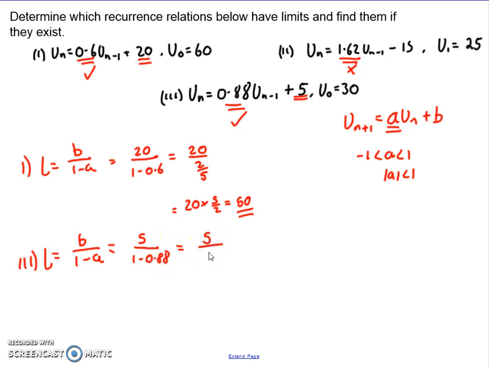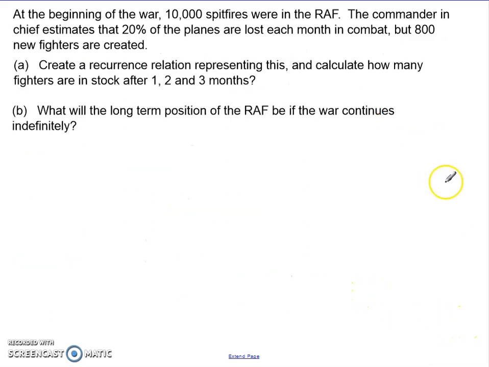So it's the same as saying 5 divided by 3/25. Flip it, turn it into a times, we get 5 times 25 over 3, so we know that's going to be 125 over 3. You can leave it like that, or write it as 41 2/3. Both mean the exact same thing, both give you the same limit. So calculating the limit, determining if it exists, that's how we have a crack at it.